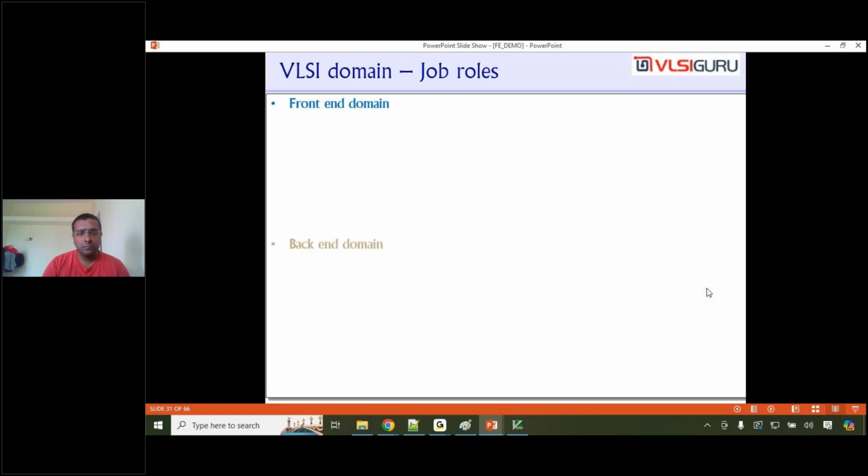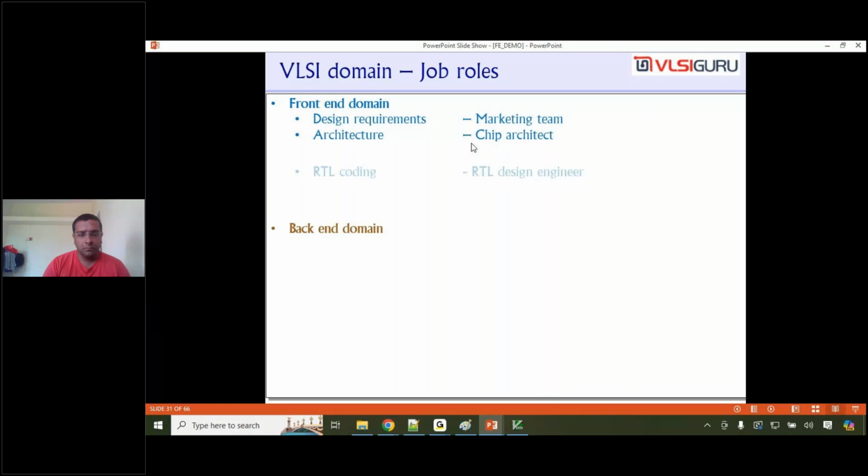In the front-end domain, the person who works on design requirements is the marketing team. The person who works on architecture is the chip architect. The person who does RTL coding is the RTL design engineer. The person who does integration is the RTL integration engineer.